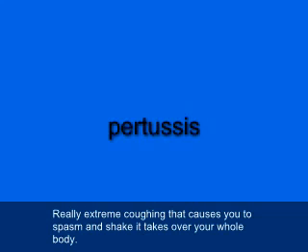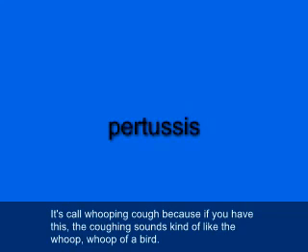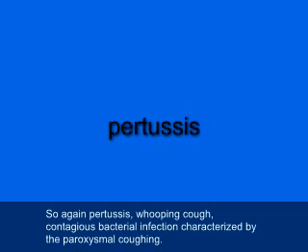It takes over your whole body. And it's called whooping cough because if you have this, the coughing sounds kind of like the whoop whoop of a bird. Okay. So again, pertussis, whooping cough, contagious bacterial infection characterized by the paroxysmal coughing.